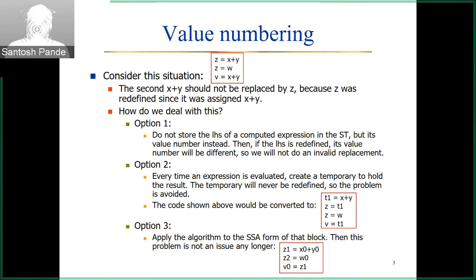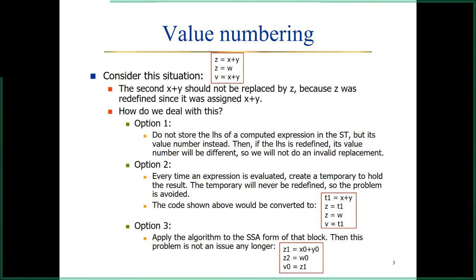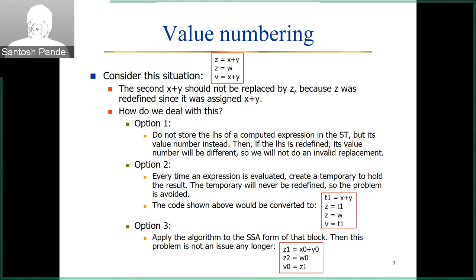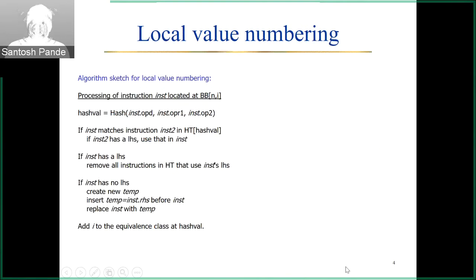but not in the SSA form, which is shown in option 3. That value is held in C1 and is therefore substituted at V0 in terms of Z1. The second value, which is Z equal to W, is of course Z2. So SSA takes care of these kinds of problems which were there originally with value numbering, even within a basic block.